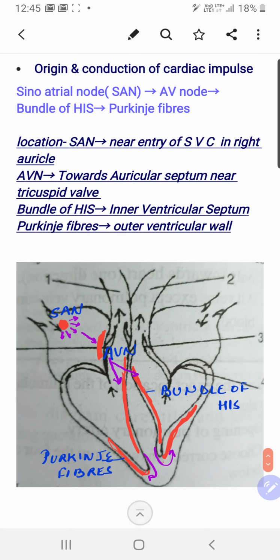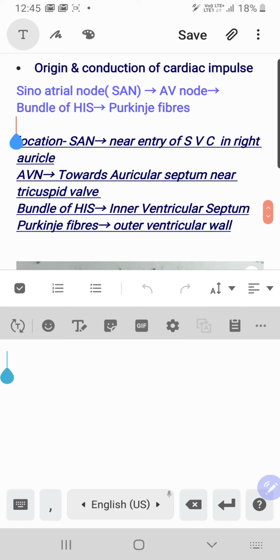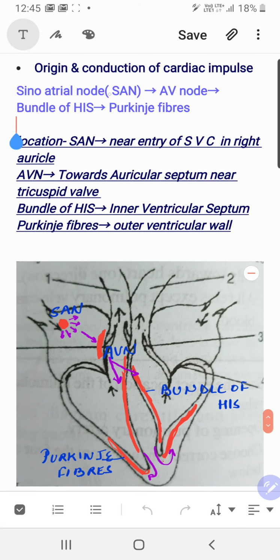So the origin is at the sinoatrial node, and once the electrical impulse is generated at the sinoatrial node, it will be transferred to the AV node, auriculoventricular node, and from the AV node to the bundle of His, and from the bundle of His to the Purkinje fibers. Now you should understand that SAN and AVN are the nodes, and the bundle of His and Purkinje are the fibers. Right, children?